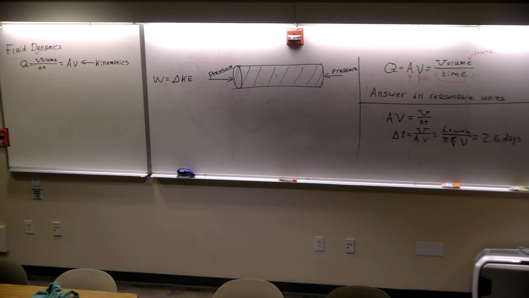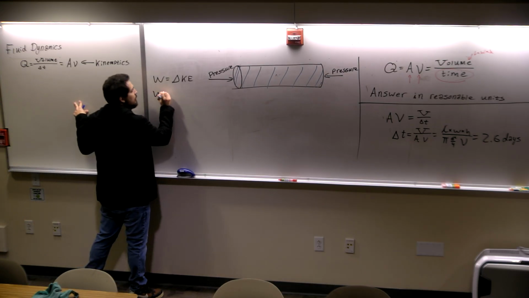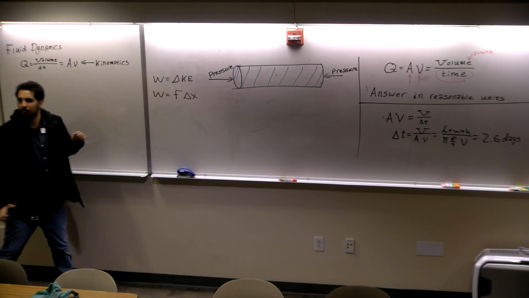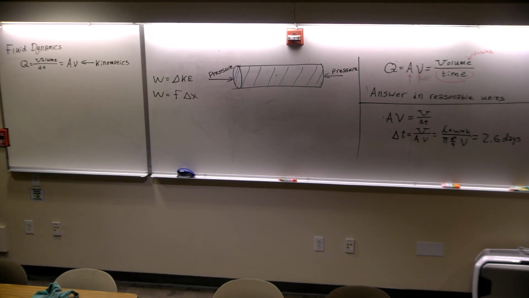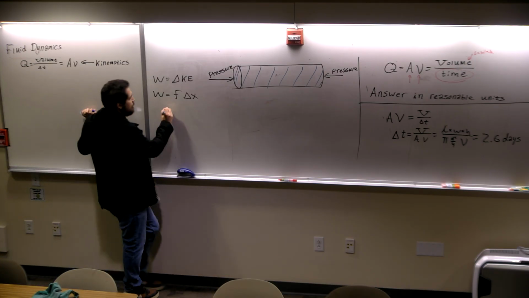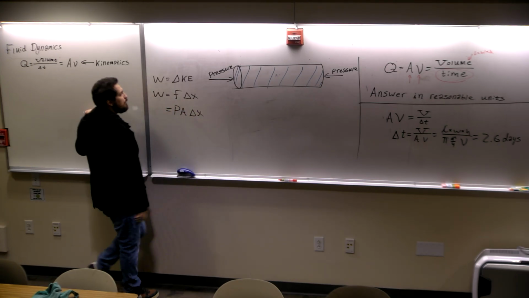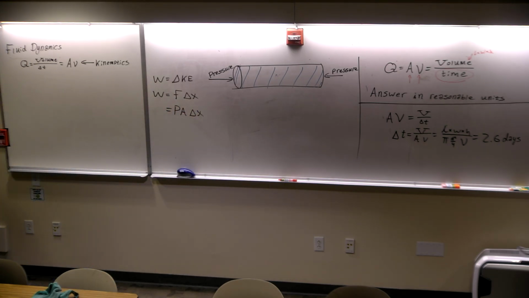Look at this and we say, okay, well how do I describe the work? Work is equal to force times distance, F delta x. Reasonable enough. I know that force is pressure times area. We do want to get it into this pressure notation, because when we talk about fluids, ultimately what we're talking about is not forces, but pressures.